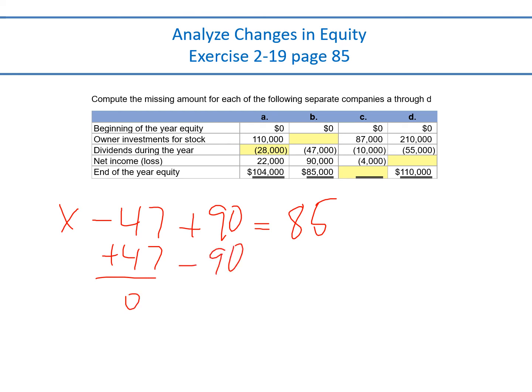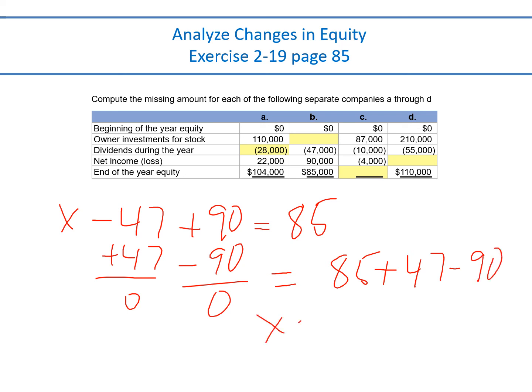We subtract 90, that makes that 0. So we have to do the same thing on this side of the equation. We want to add 47 and subtract 90. So X is equal to 85 plus 47 minus 90, which is $42,000.